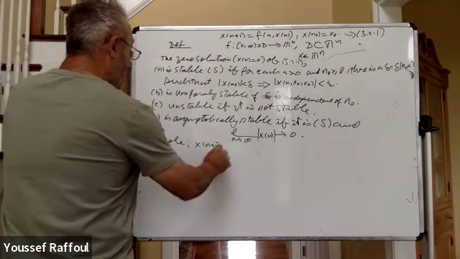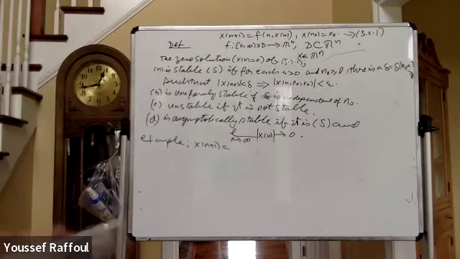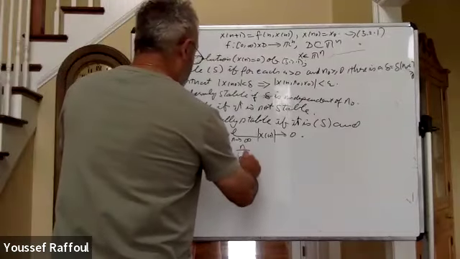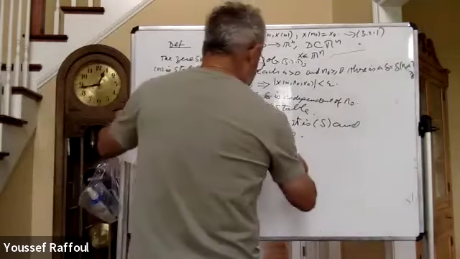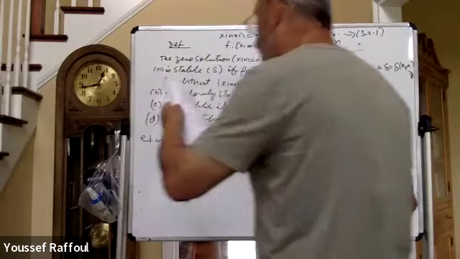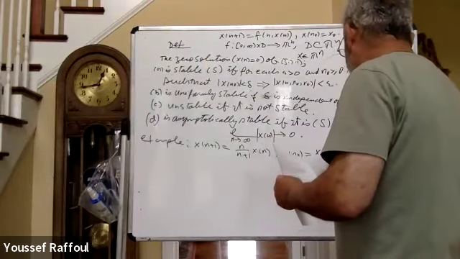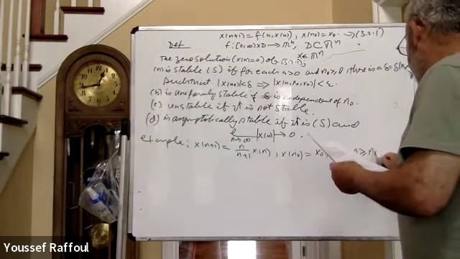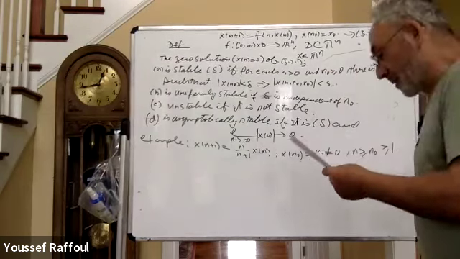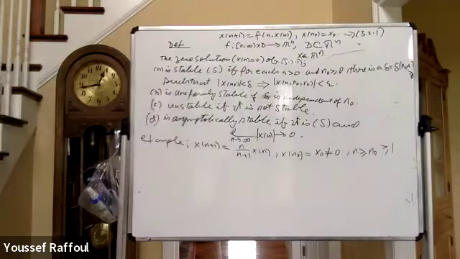Let x_{n+1} equal n over n plus 1 times xn, with x_{n0} equal to x0 different than 0 and n bigger or equal to n0 bigger or equal to 1. Let's see if I can find the solution.